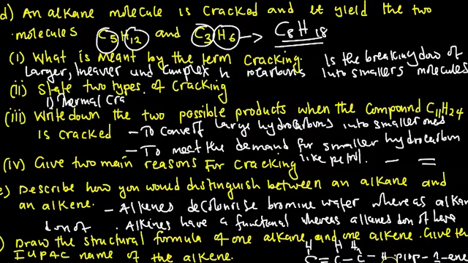Why is it written so? This is a propene, but the double bond is at carbon 1. So this number represents the carbon. I mean the double bond is at carbon 1. So prop-1-ene is the IUPAC name of this alkene. Okay.